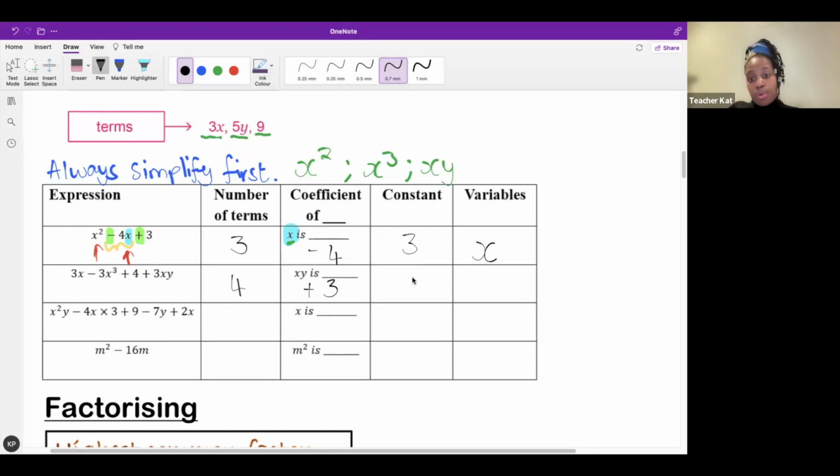A 4 or positive 4. And my variables, what different variables do we see here? X and Y. Great, guys. We have X and Y. Great, let's look at my third one. Can I simplify that third one in any way?